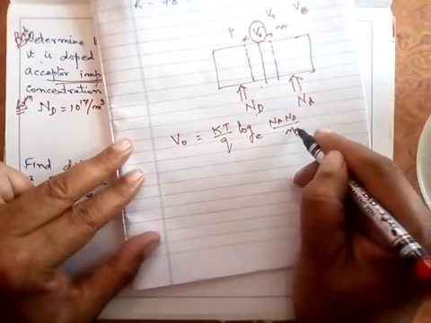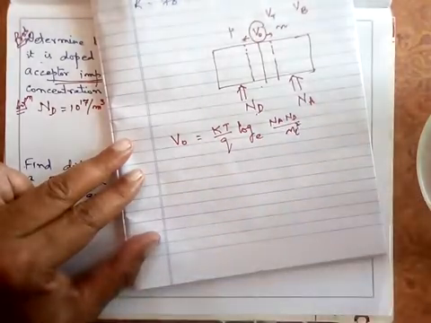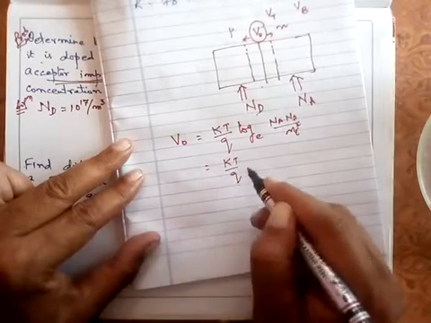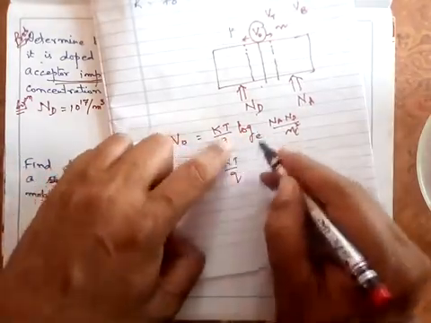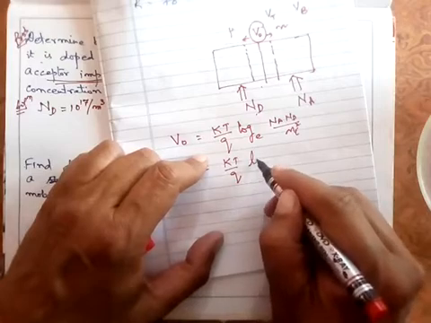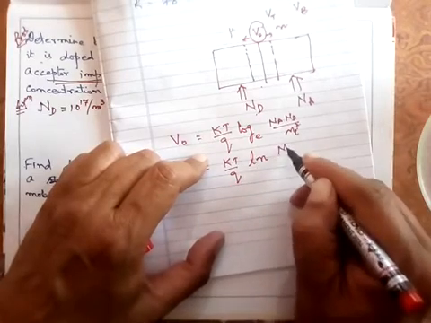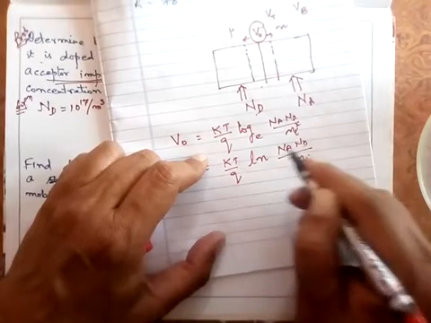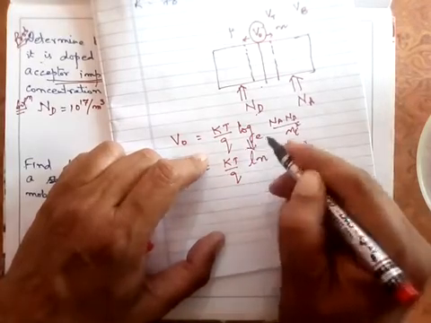All you have to do is simply apply the formula. Many times this log base e is also written down as ln of Na Nd upon Ni square.